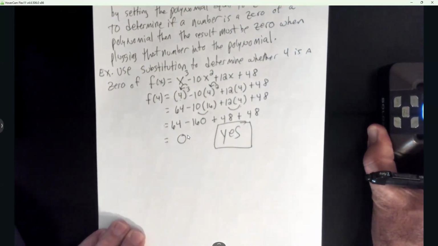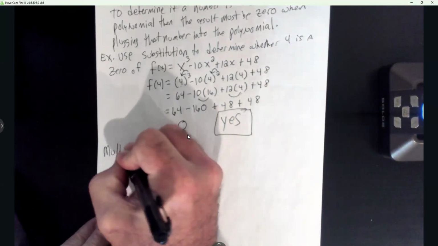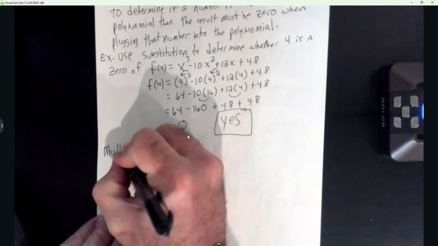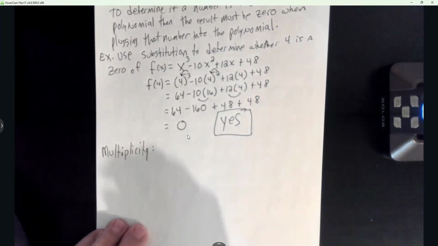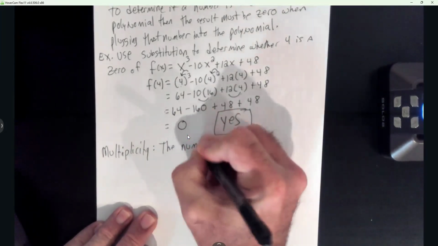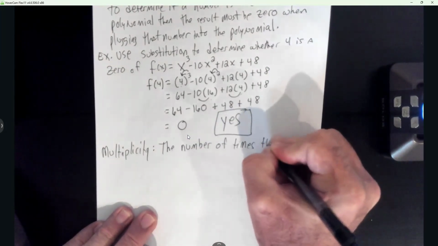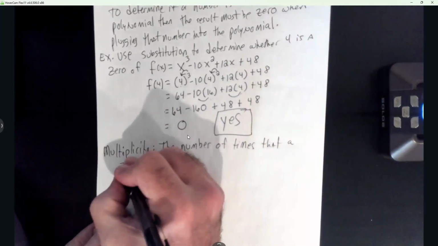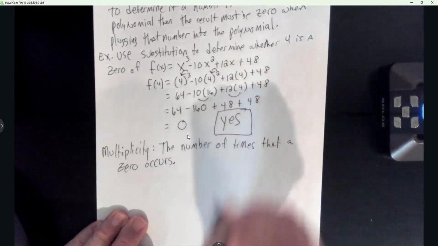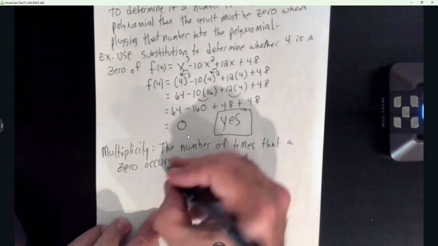All right, y'all, so watch this. A new definition is called multiplicity. So the multiplicity is the number of times that a 0 occurs. So check this out.